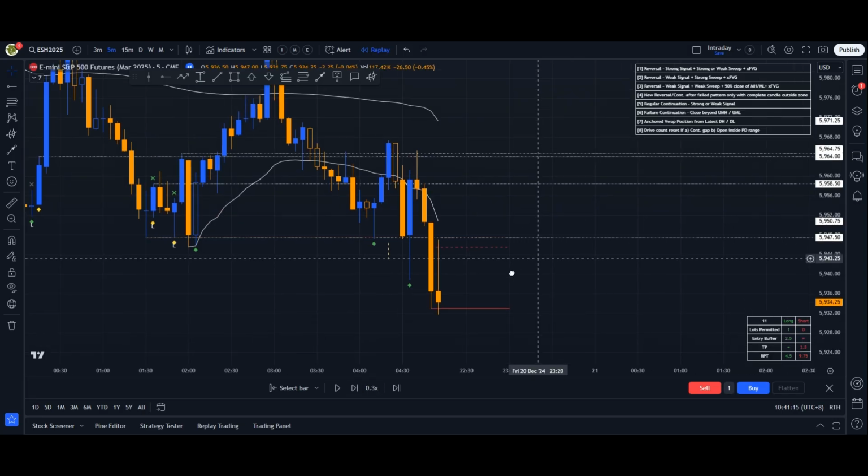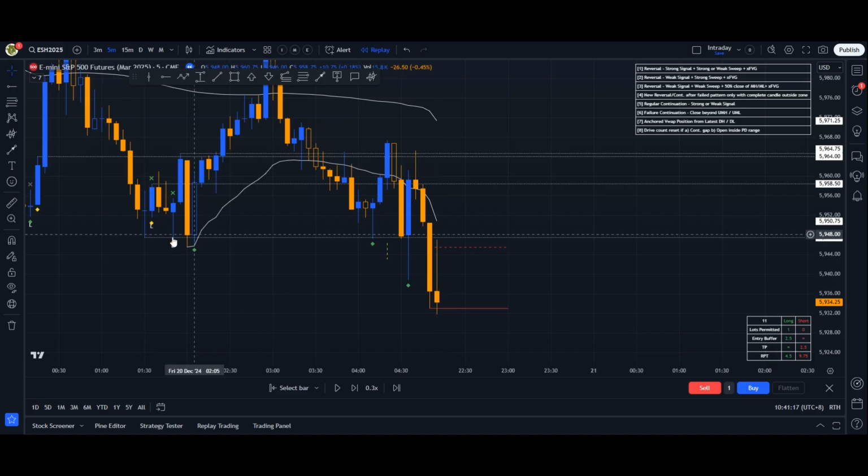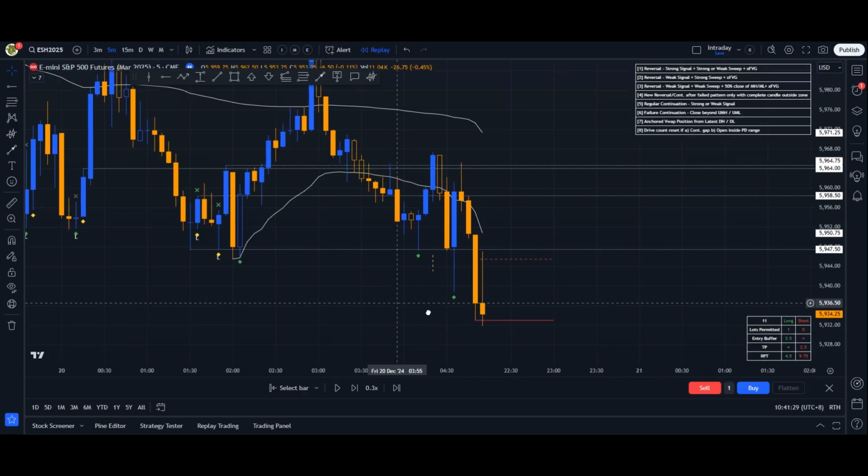This is where it happened, where for us to take the continuation a full candle is printed, but this is very close to the end of the day, so we will not take this trade.